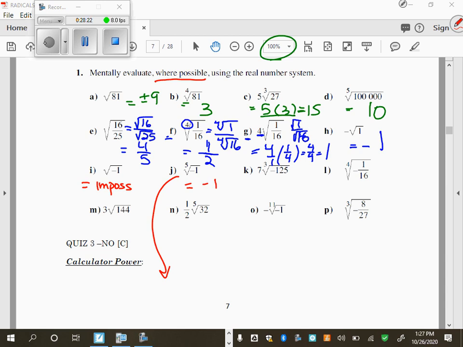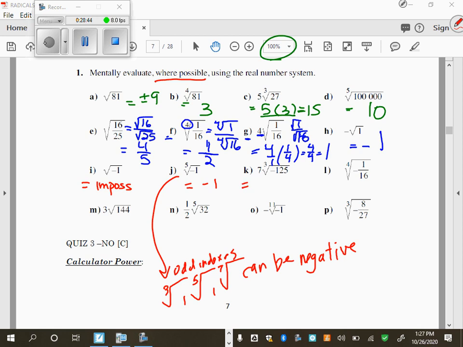So, odd indexes. What that means is cubic root, 5th root, 7th root can be negative. If they're odd, you can have a negative, like in K. What's the cubic root of negative 125? Negative 5.